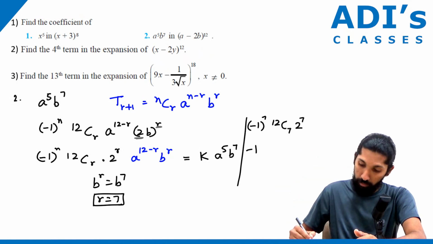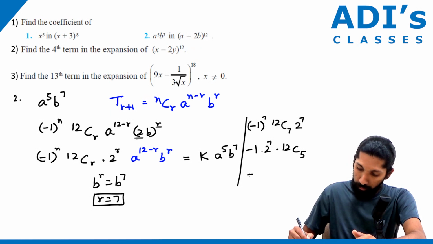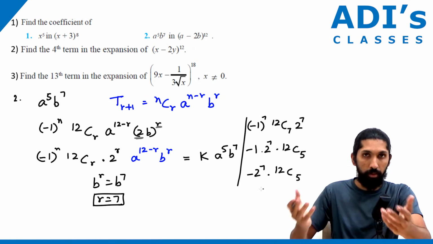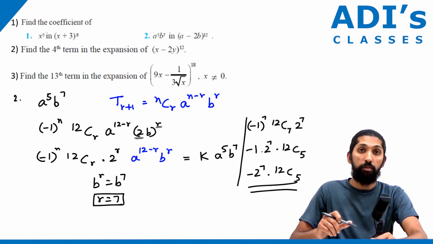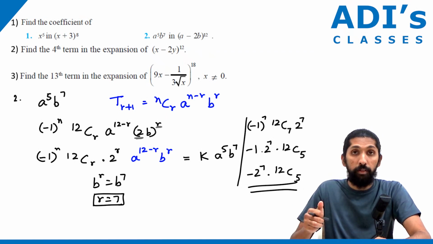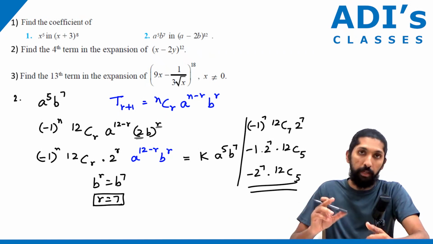So minus 1 into 2 power 7 into 12C5, or minus 2 power 7 into 12C5. This is going to give us the final answer. Of course, it's going to be quite a big number because 2 power 7 itself is a 3-digit number, and on top of that, we are also going to multiply by 12C5, which is going to give us quite a big answer.